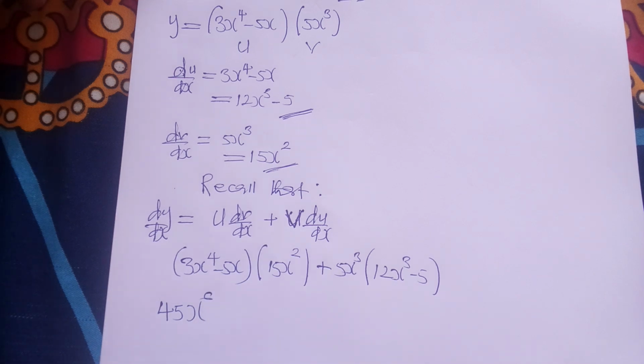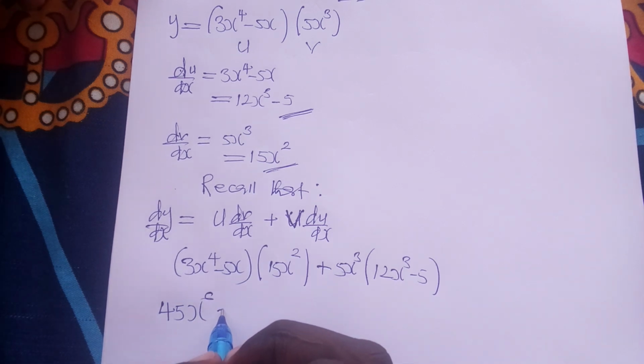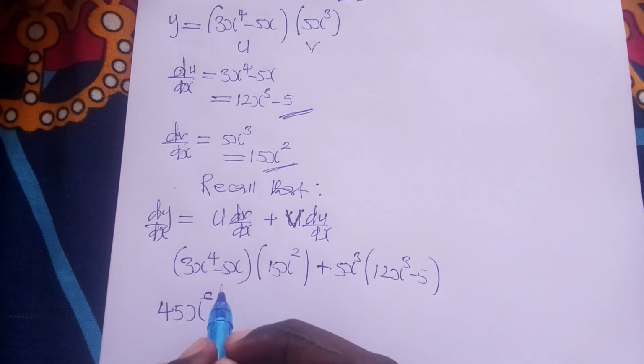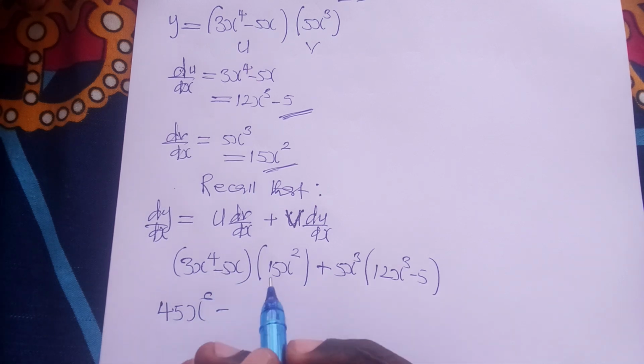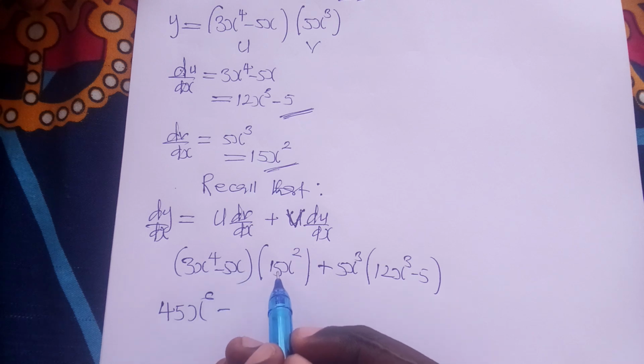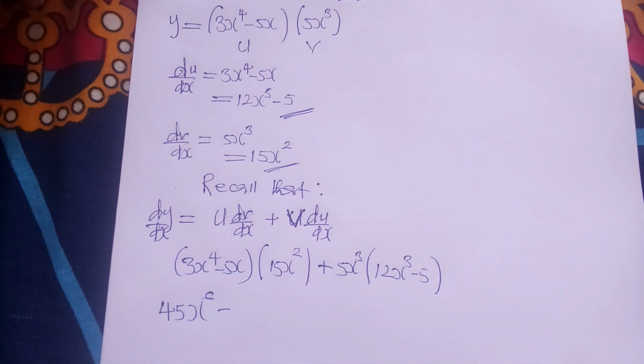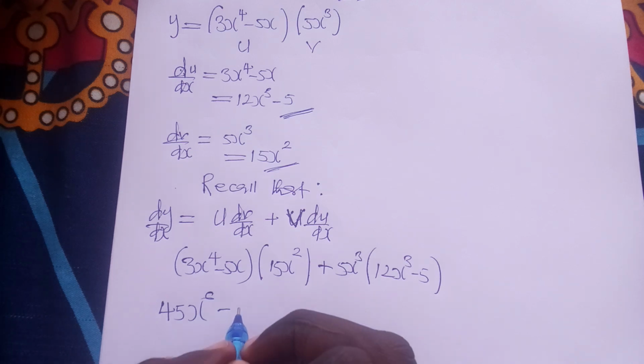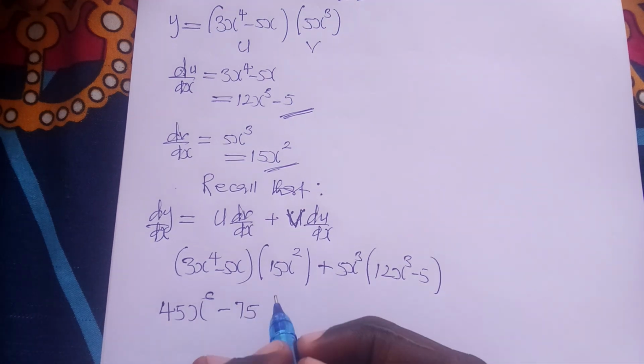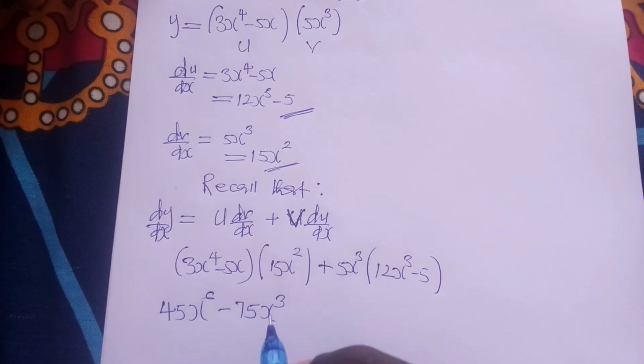Okay, now the next step, we say negative this one, and we have to multiply also 5x times 15x raised to the power 2. You are going to have 75. This becomes 75x raised to the power 3. Okay, now if you have any question to ask, you can drop it in the comment section.